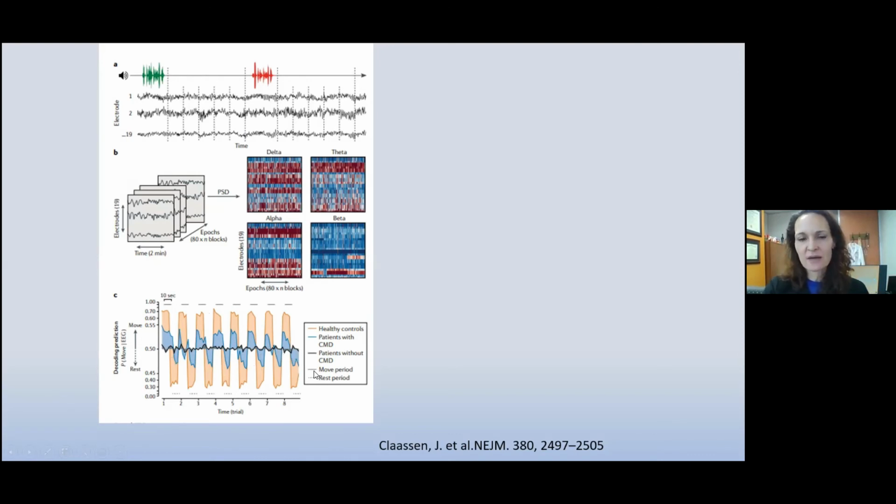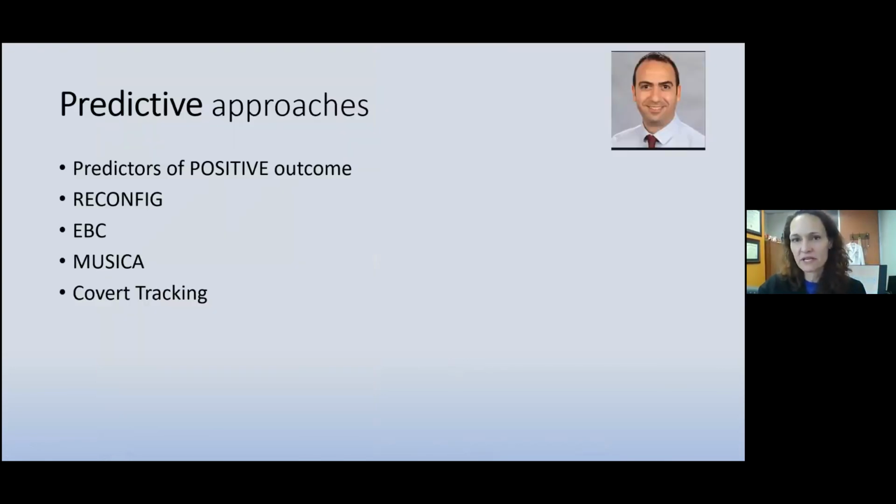And then that black line down the middle are patients who are injured and don't have any changes. So the whole idea is, can we identify this subgroup of people who have cognitive function, but you just can't see it when you evaluate them behaviorally?